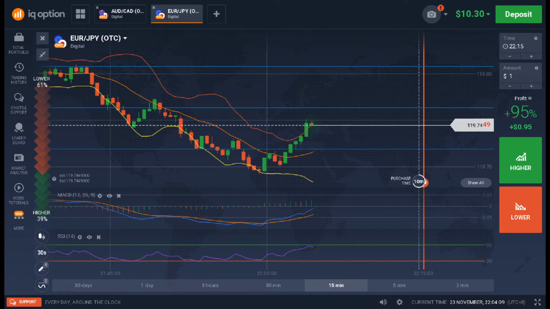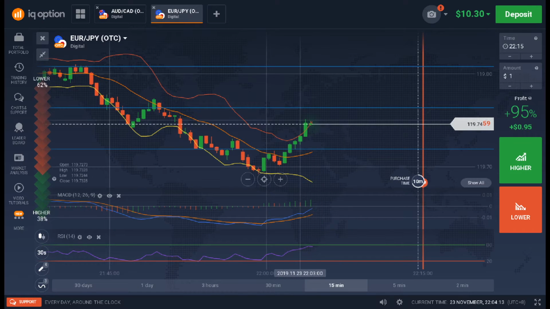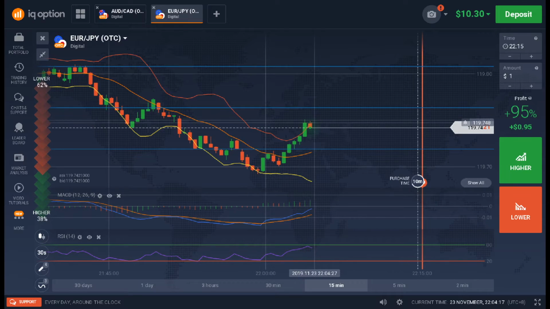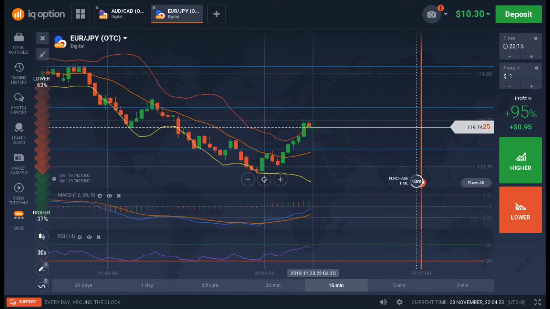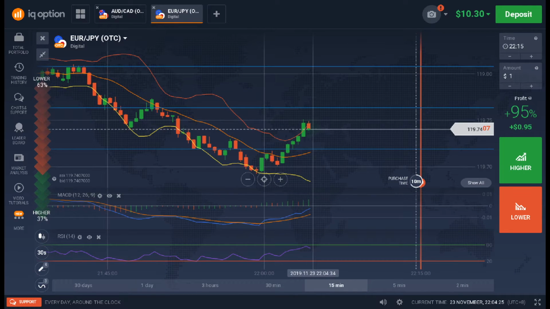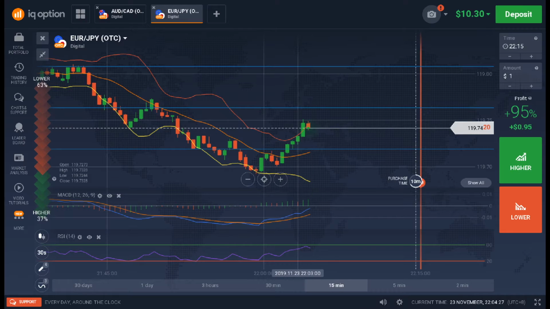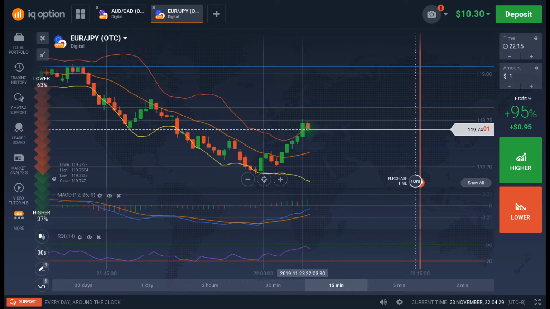Okay, now we're nearing the oversold area, but we're still above in our MACD. Our MACD is still above. Your blue line, which is the faster time frame, is still above this red one.